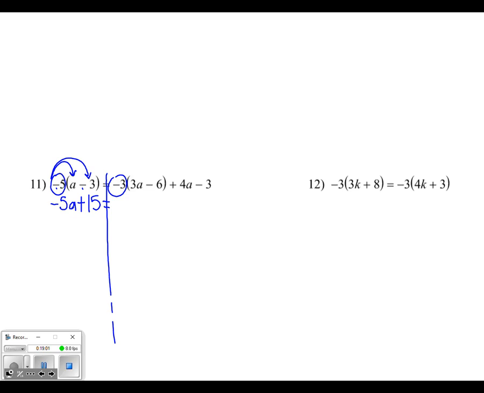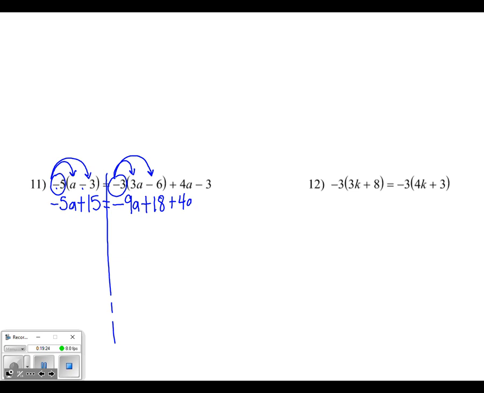Just have to be super careful about that stuff. Okay, negative 3 times positive 3a. Negative times positive is negative. 3 times 3a is 9a. Negative 3 times negative 6. Negative times negative is positive. 3 times 6 is 18.